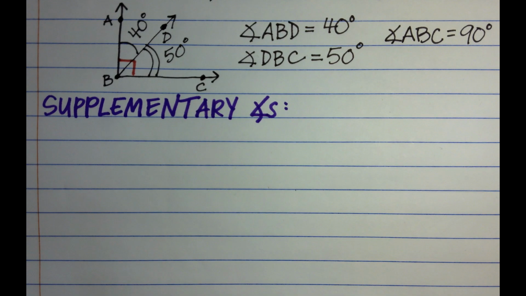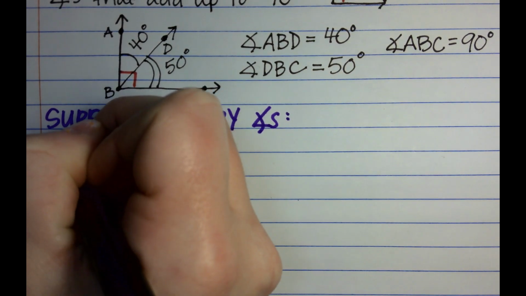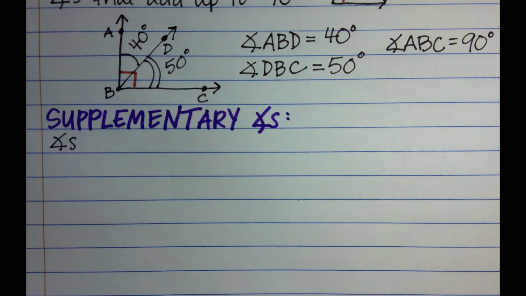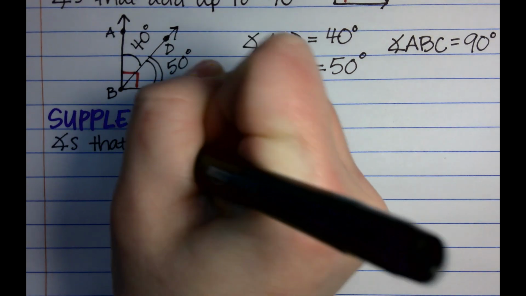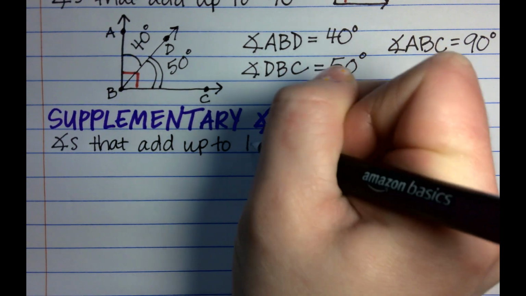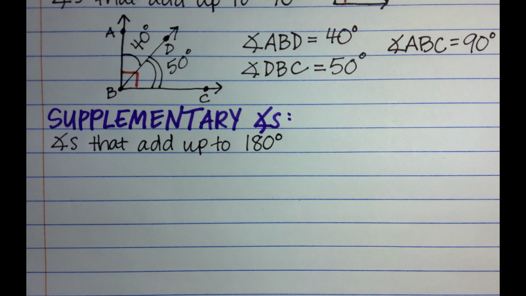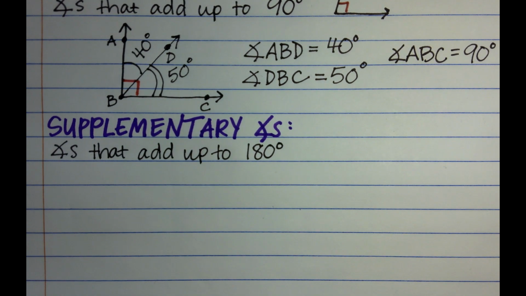So next we have supplementary angles. Anybody know what these add up to? Yes. 180. So supplementary angles are angles that add up to 180 degrees. And what does a 180 degree angle look like? A horizontal line. It's half a circle.